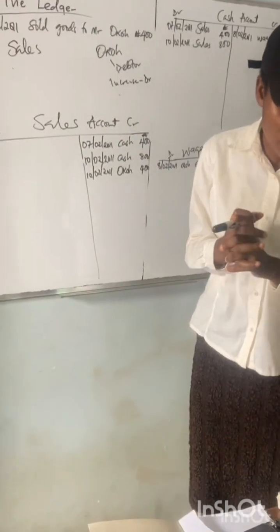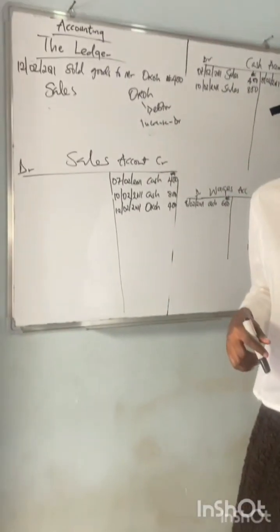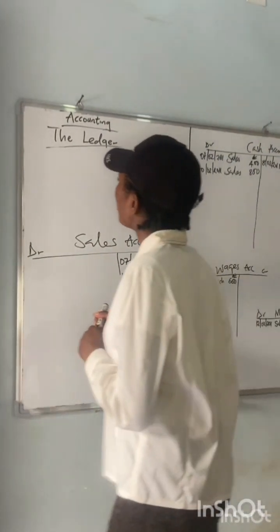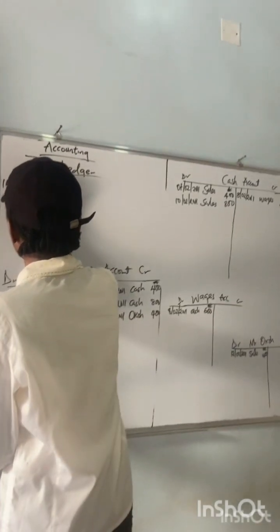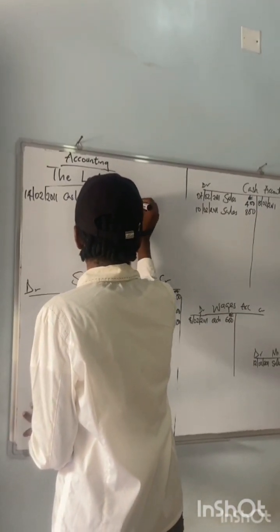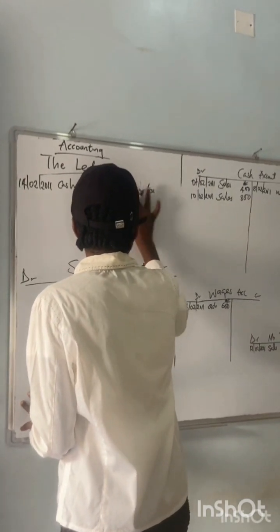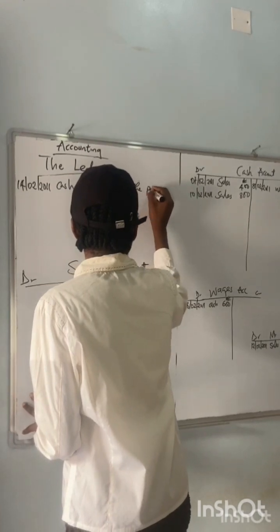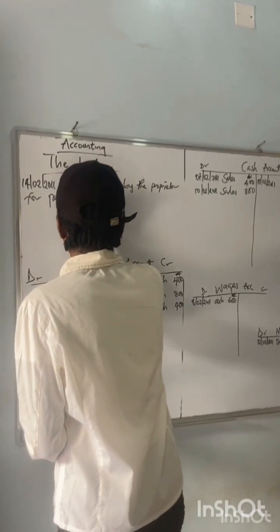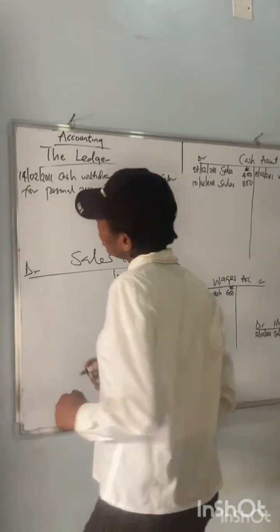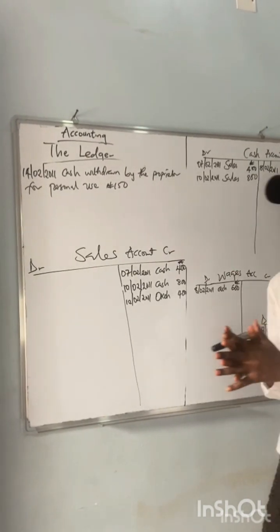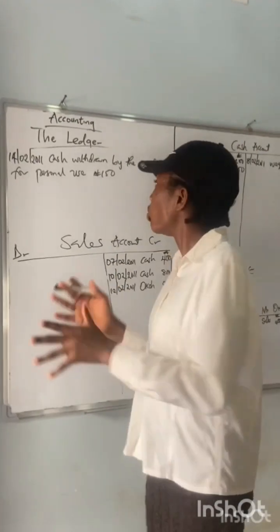So cash withdrawn by the proprietor from the business for personal use to be 150 naira.